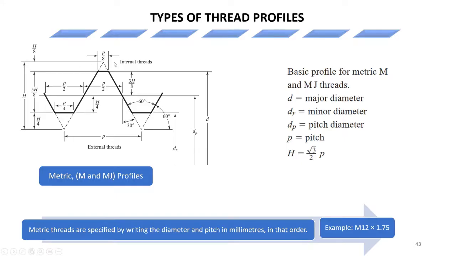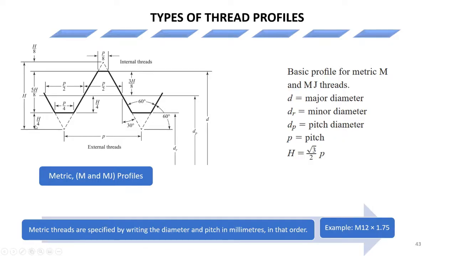So this could be an internal or external thread depending on the way that we are looking at it. But in this case, we have a cross section of the thread.